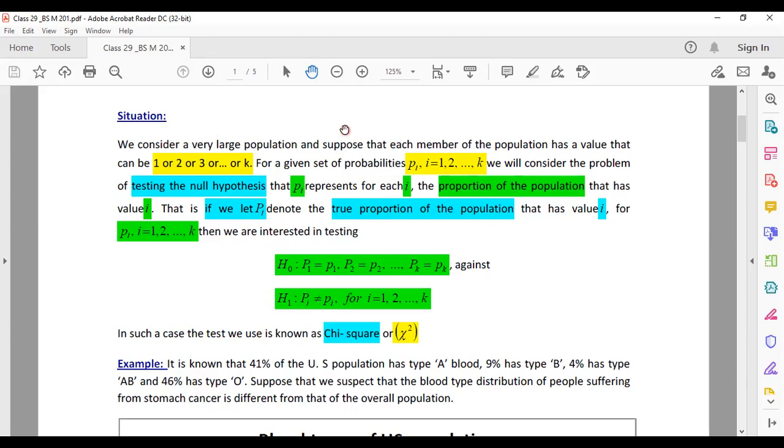But if you think deep, you will find there is a very fine connection between the two. In the single proportion case, we used the Z test, the standard normal variable test. And here in this multivariable case, we are actually going to take into consideration the square of the standard normal variable.